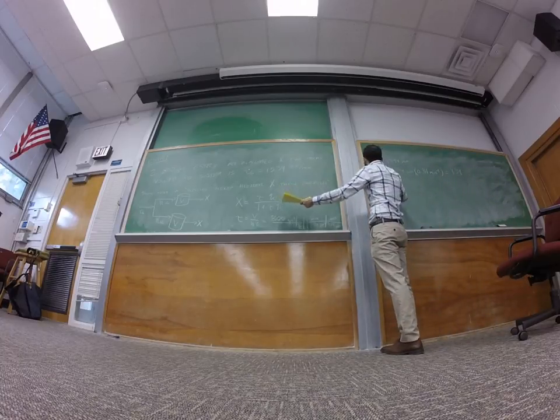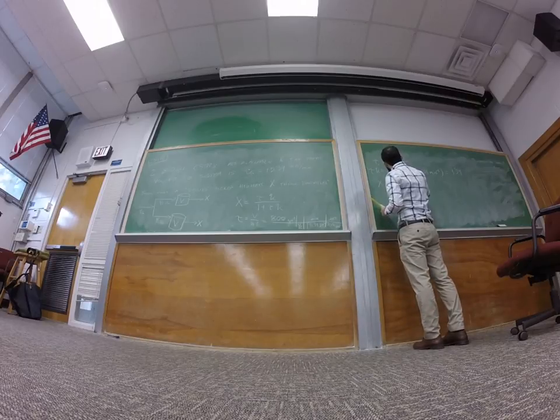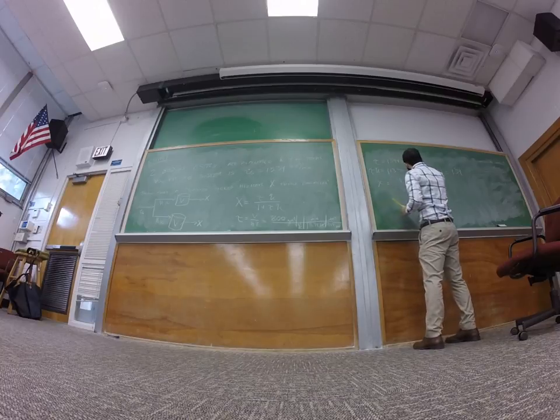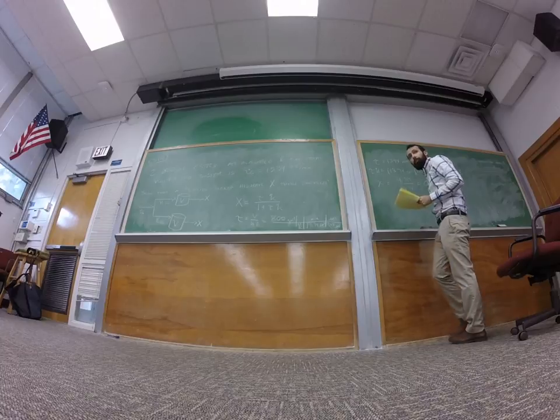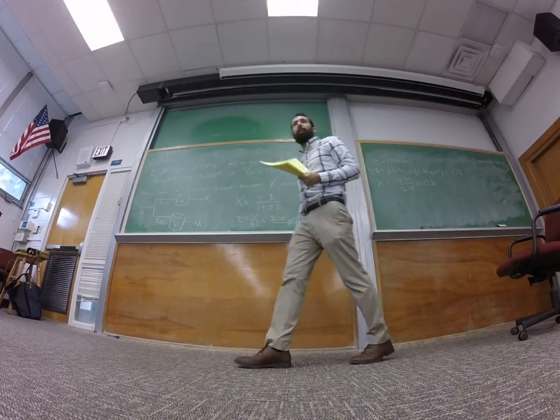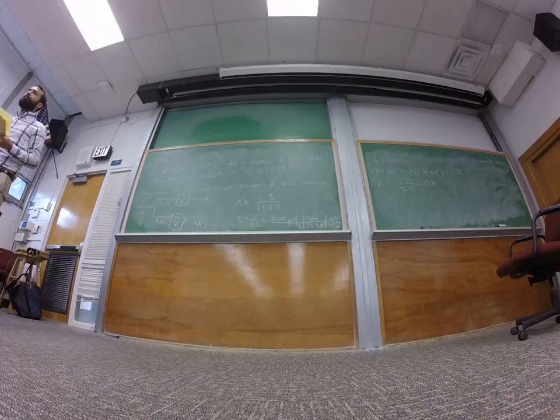So now coming back here, x is equal to 4.34 divided by 5.34, which is 0.81. Any questions? That one's pretty simple, right?